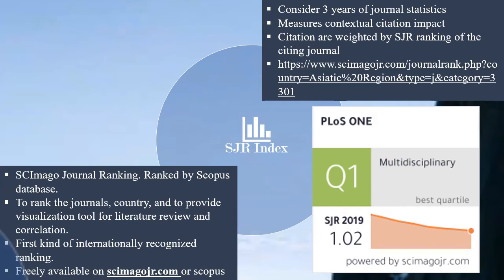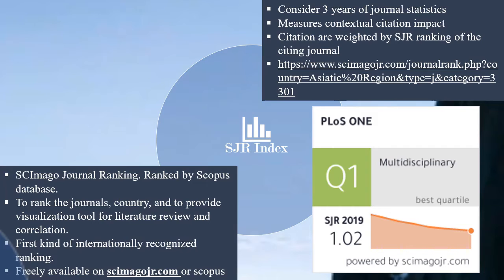To measure the impact factor or the index score, it considers 3 years of journal statistics and measures the contextual citation impact. If you see one example here, for the first quartile of this particular journal, the SJR index is 1.09 in 2019.